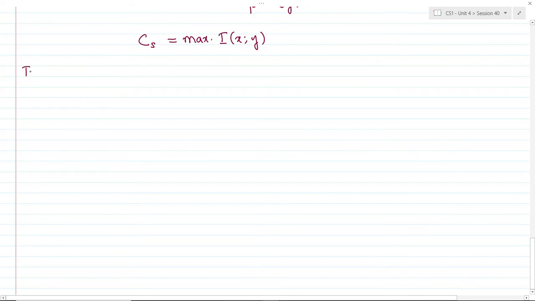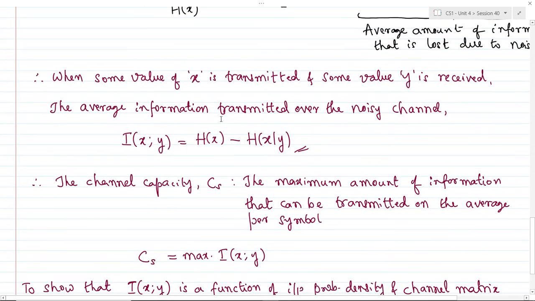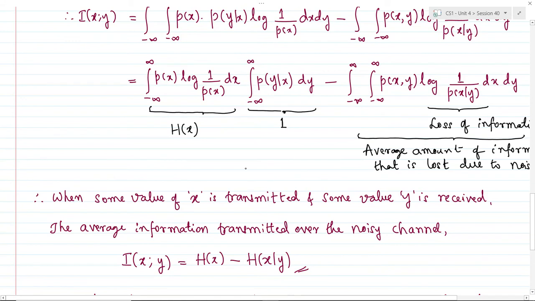Say, let's show that this I of x;y is a function of input probability density and channel matrix. Okay, so this I of x semicolon y, which we have defined mathematically as this expression, has got plenty of variables involved in it.